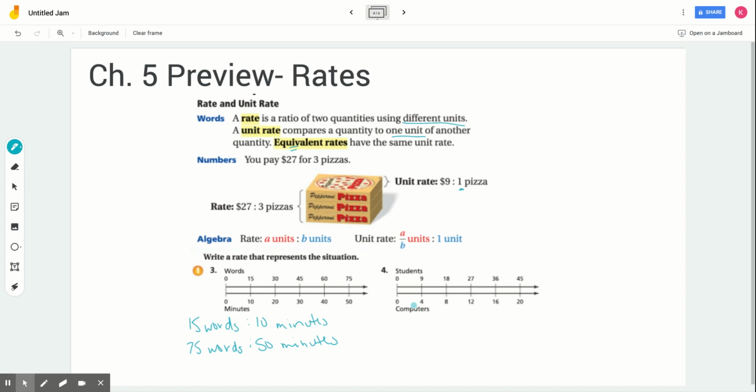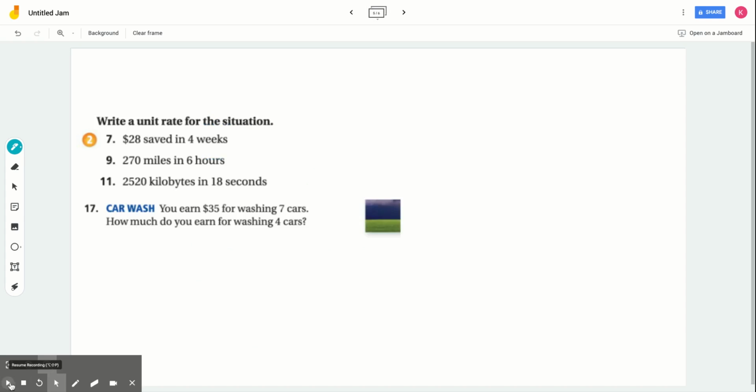Go ahead and write 2 rates for number 4. Now that you've written 2 rates for number 4, let's move on to the next section about unit rates. So for number 7, if we have $28 saved in 4 weeks, we need how much in 1 week?